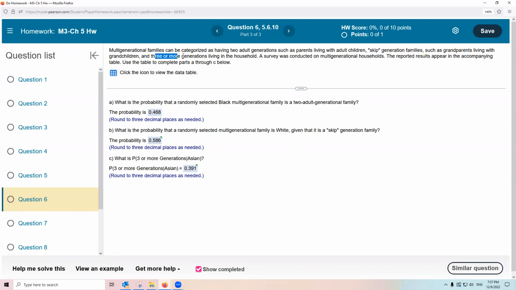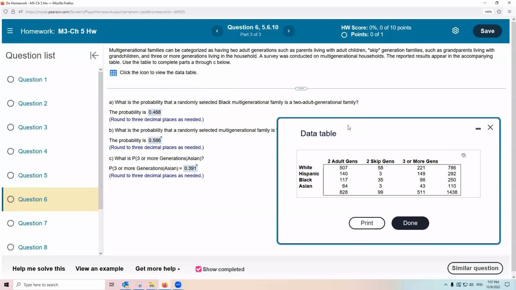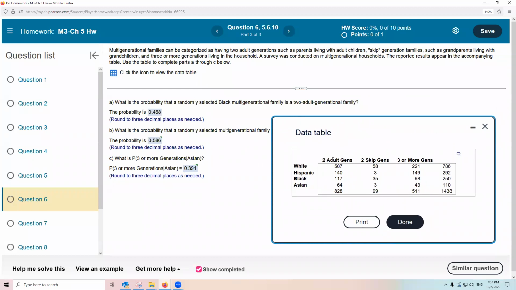And you might have three or more generations living in a household. All right, so let's take a look at this table. All right, so it looks like they collected data for either two adult generations, two skip generations, or three or more generations, and they did it by different races: white, Hispanic, Black, Asian.